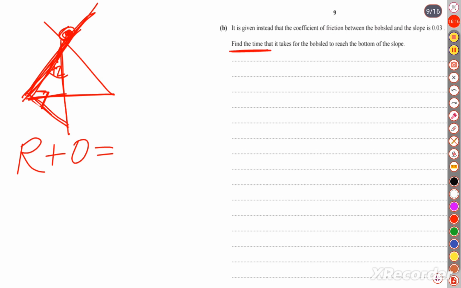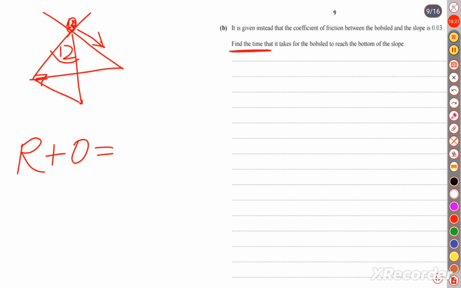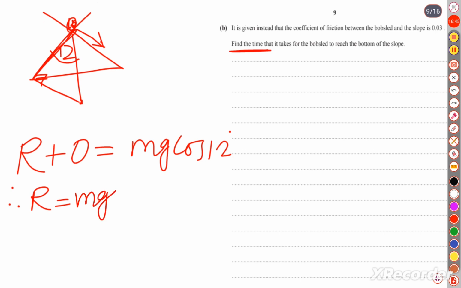So the downward force is mg cos theta. What is the angle? It is 12 degree. So our normal reaction is R equal to mg cos 12 degree.